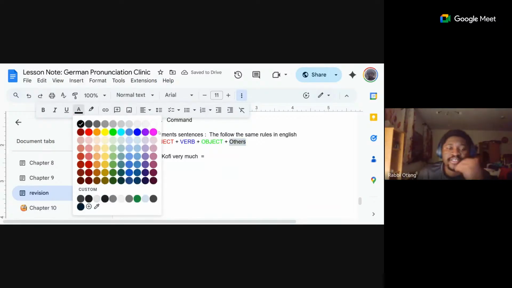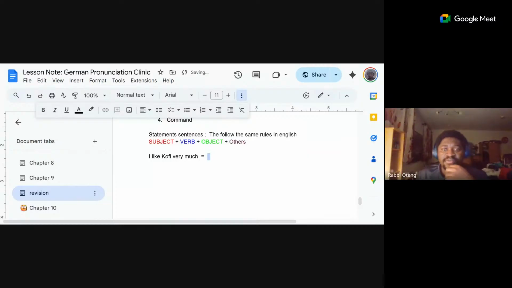The others could be adjectives, prepositions, marked as brown.